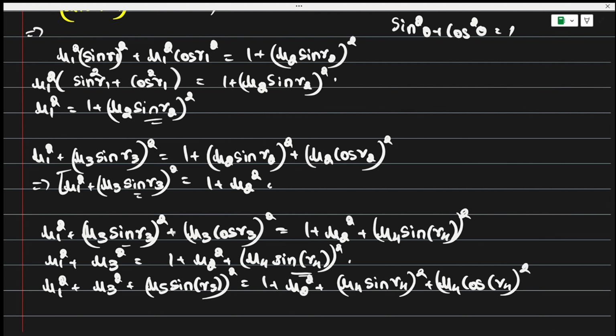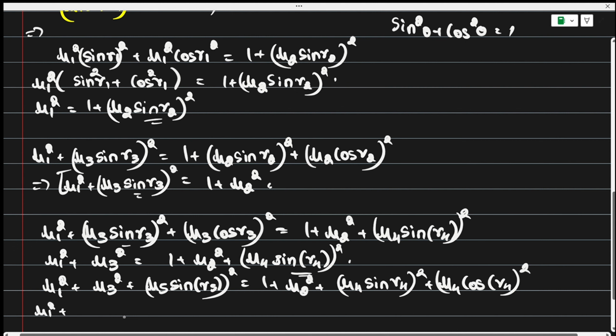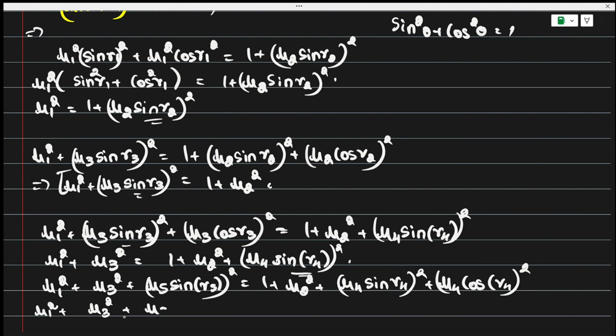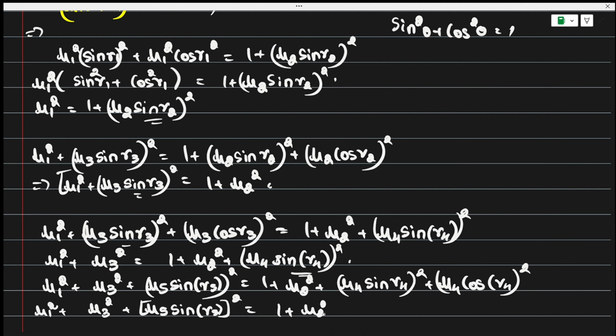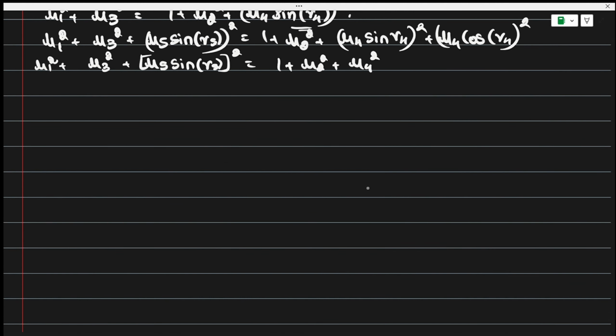So we will be getting mu1² plus mu3² plus (mu5 sin r5)² equals 1 plus mu2² plus mu4². Now to get rid of this term sin r5, I am going to add the sixth equation.